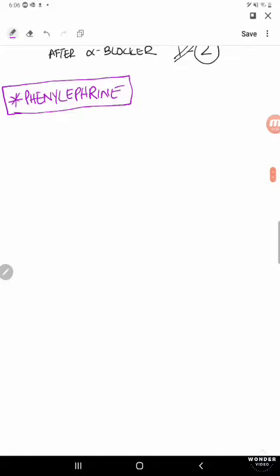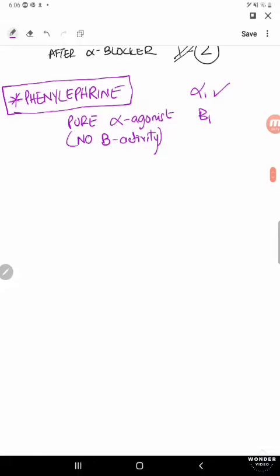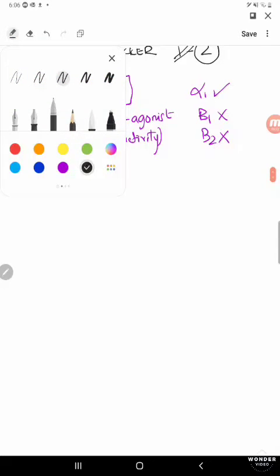It is a pure alpha agonist, which means it has no beta activity. So let's write down our thing. Alpha 1, yes. Beta 1, no. Beta 2, no. Okay, let's get back to our graphs.